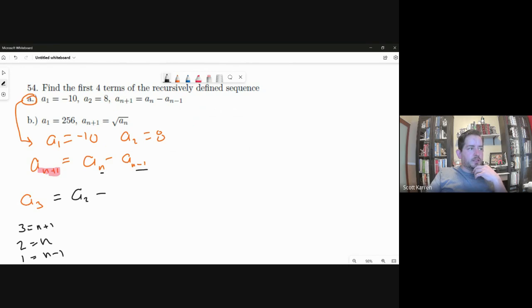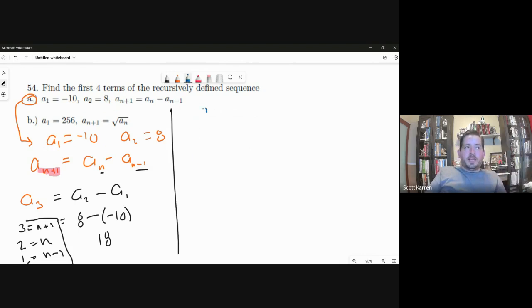But n minus 1 is 1, so this is a sub 1. So that is to say that a sub 3 is the second term, a sub 2, minus the first term, a sub 1. So that is 8 minus negative 10. And that's the same thing as 8 plus 10, so I get 18.